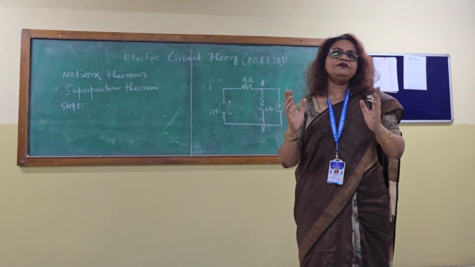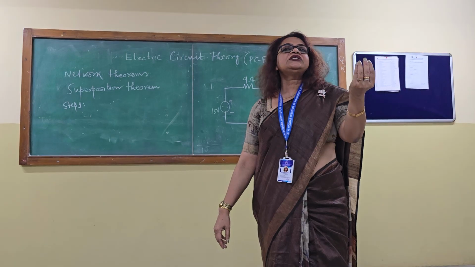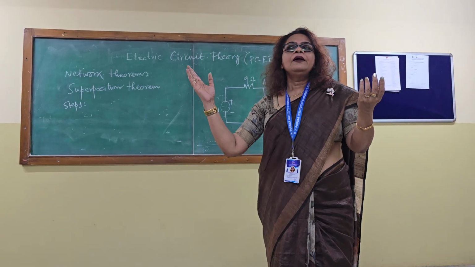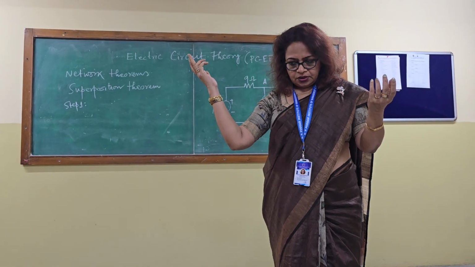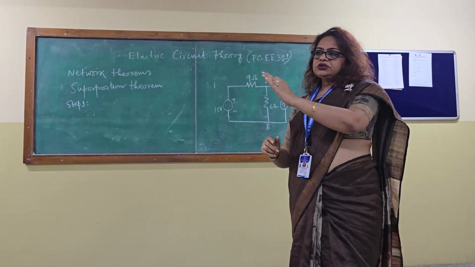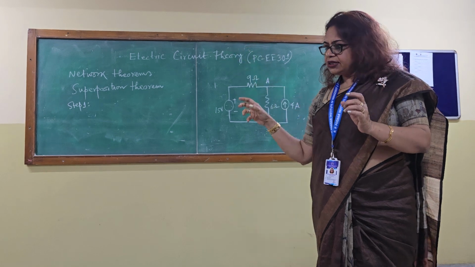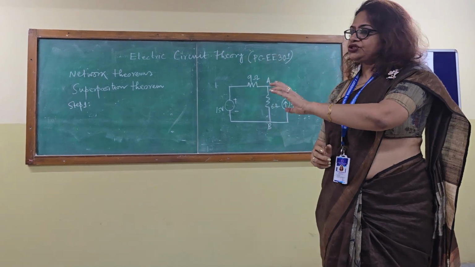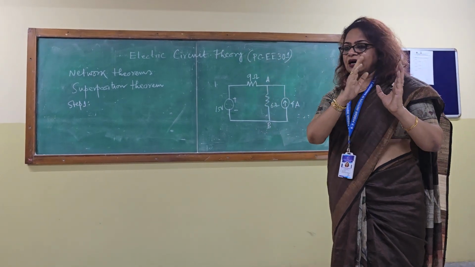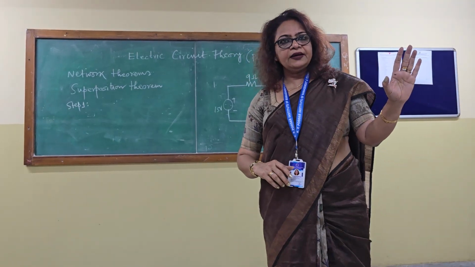On the basis of the definition of the superposition theorem, we consider the current source first, then the voltage source. If we consider the current source, the voltage source will be short circuited, keeping its internal impedance. And if we consider the voltage source, then the current source will be open.